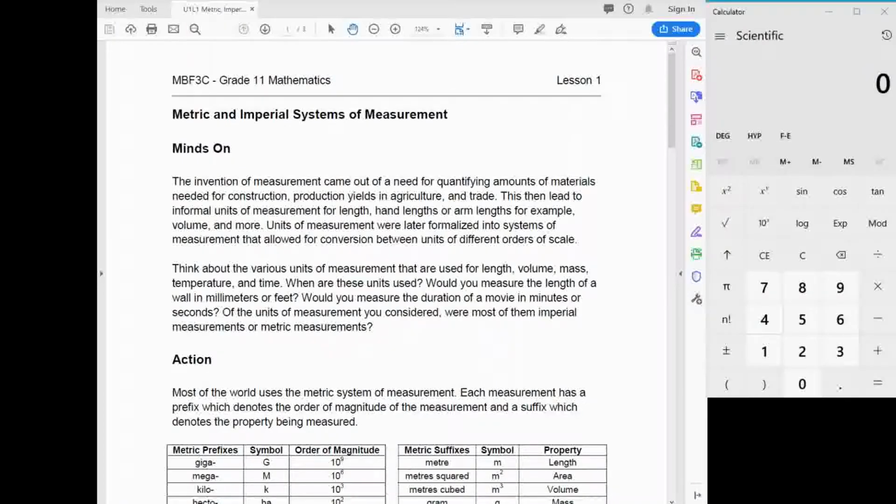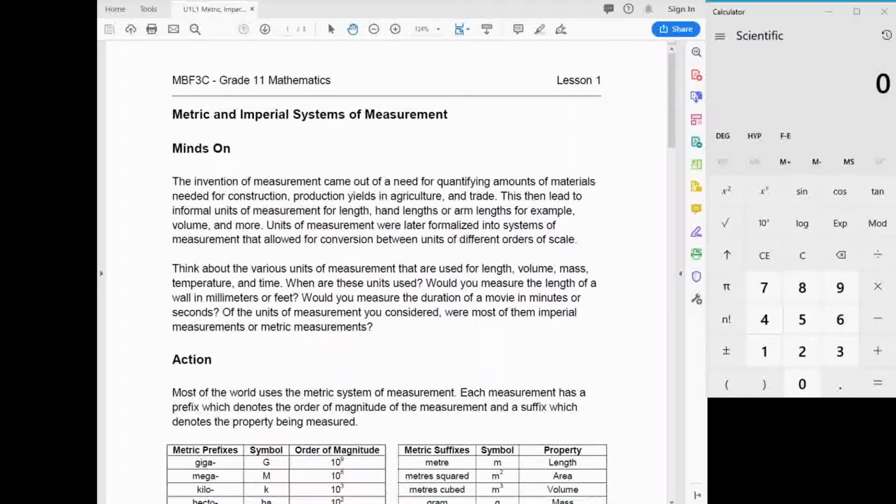And just to get you started on thinking about measurement, if you've ever considered why measurement came to be, it was because there was a need. Humans were building things, they were trying to sell things, and they were also growing foods. And as a way to measure what they produced, what they sold, or what they needed to construct, units of measurement started to be developed.